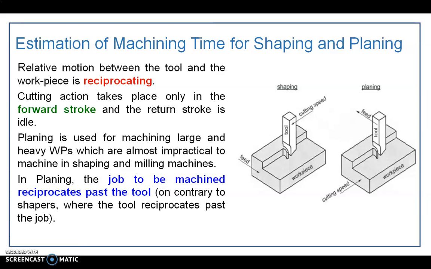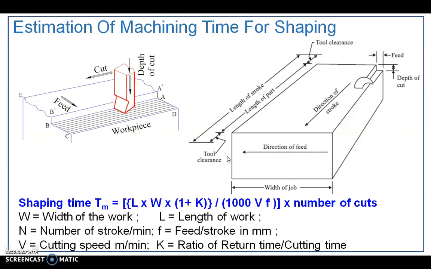So in planing, the tool is stationary, whereas in shaping, the workpiece is stationary. This gives the schematic of the shaping process.